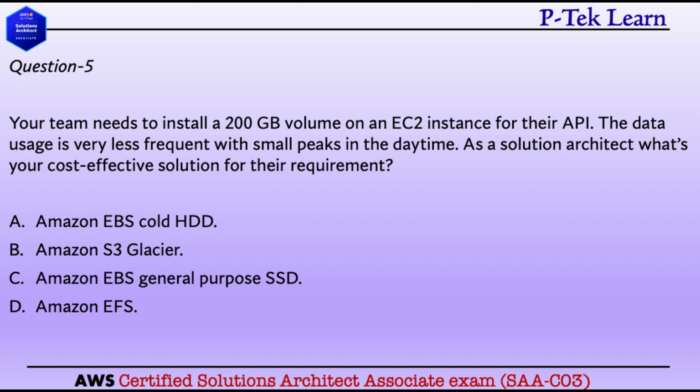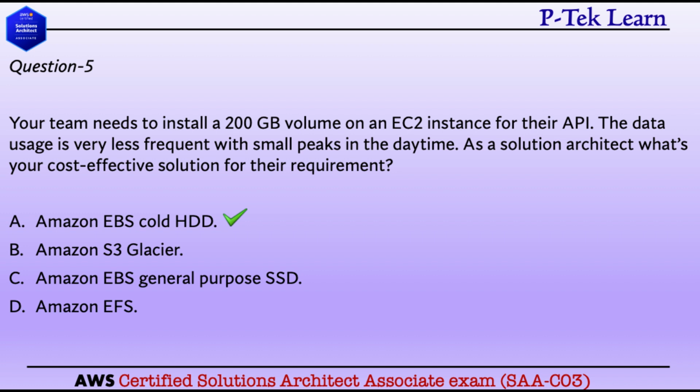So the preferred choice would be Amazon Cold HDD. Cold HDD is suitable for the following scenarios: throughput-oriented storage for data that is infrequently accessed, scenarios where the lowest storage cost is important. So the correct answer is A, Amazon EBS Cold HDD.